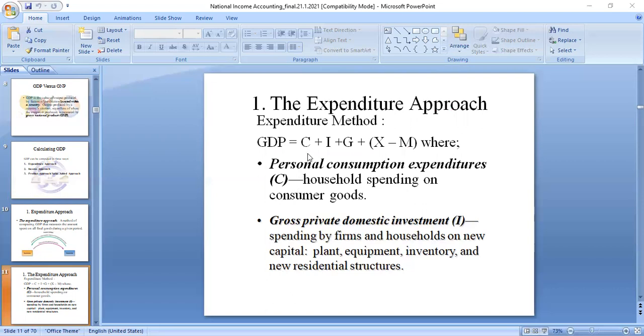Now for C, which is personal consumption expenditure, here we are basically looking at household spending on consumer goods, how individuals spend on consumer goods. Then for gross private domestic investment, we are looking at how business firms and households or individuals spend on new capital, new equipment, new machinery, new residential structures, for example, real estate.